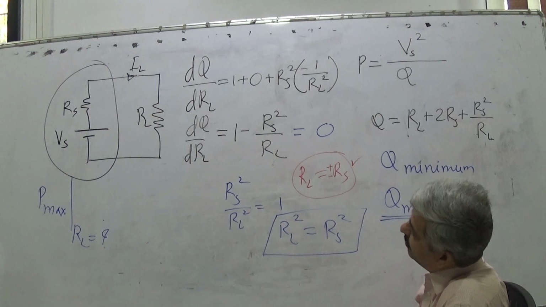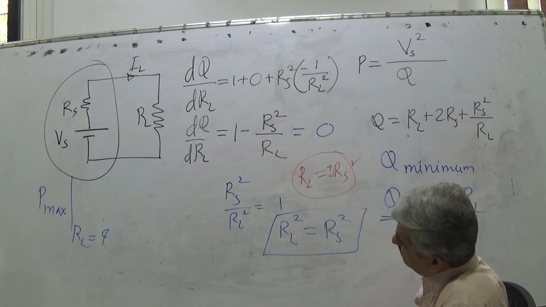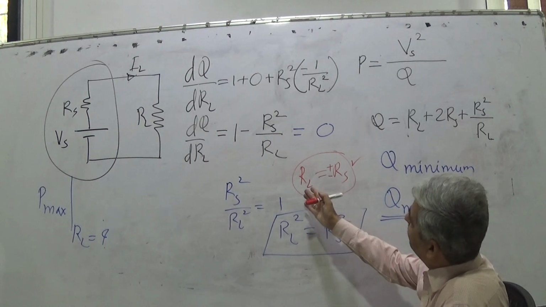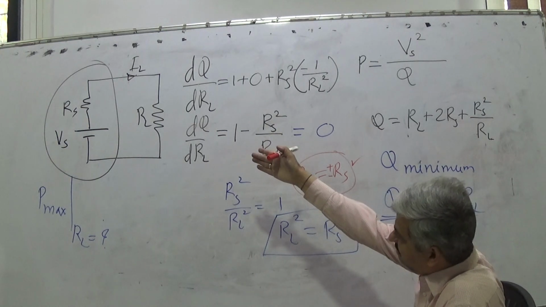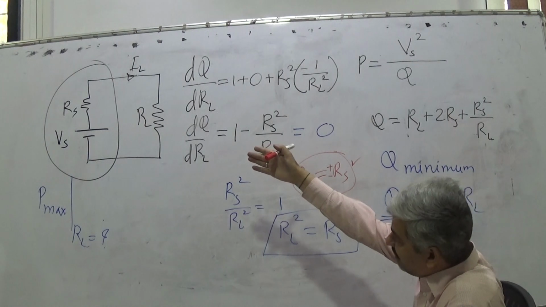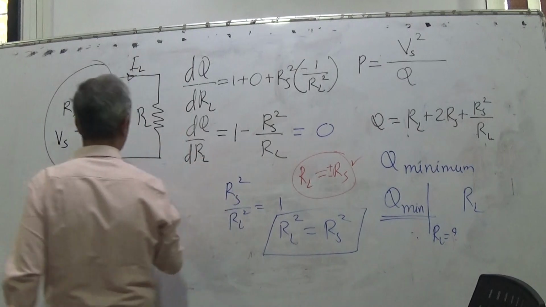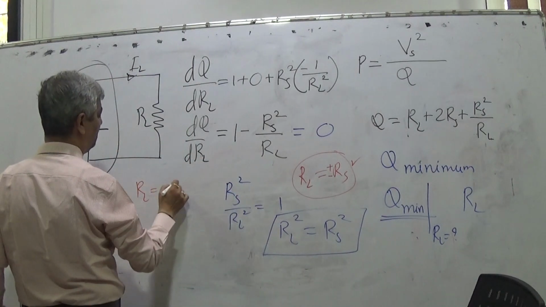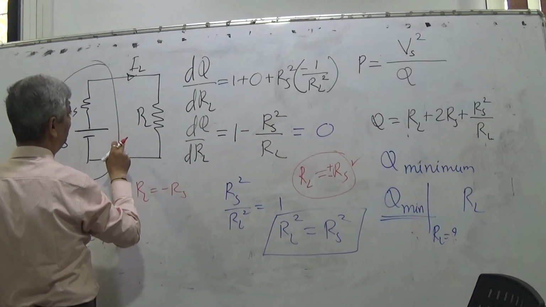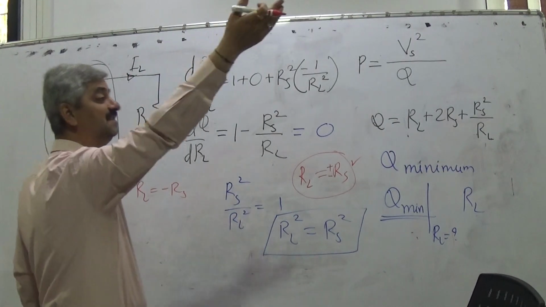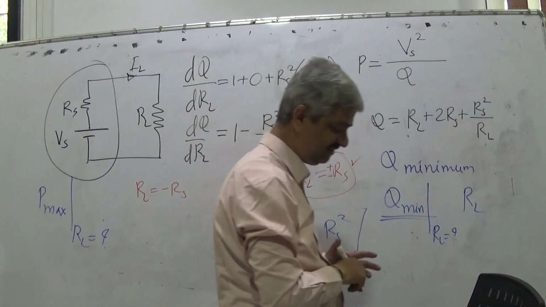That would be infinite current. If RL is equal to minus RS, net resistance is 0, so infinite current and the power dissipation will be infinity in that case. That can't happen.